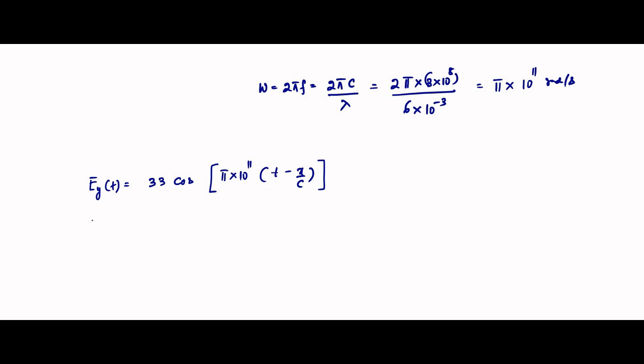And the magnetic field equation, B_z, is equal to 1.1 into 10 to the power minus 7 cos, again with the same angular frequency, pi into 10 to the power 11 t minus x by c.